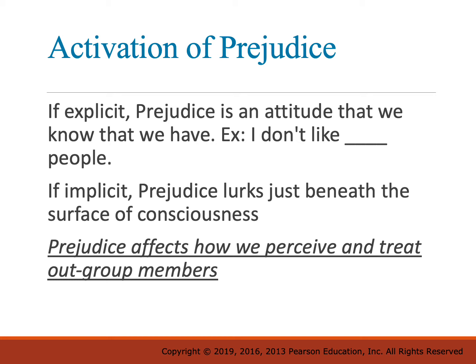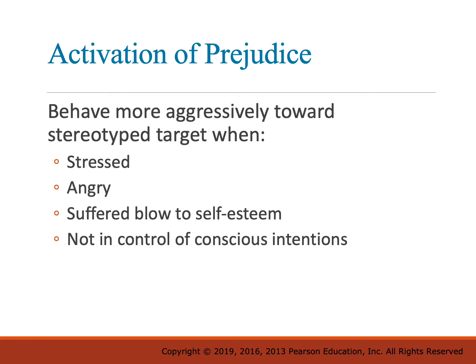So let's talk a little bit more about what happens when prejudice is activated. Once we learn it, and we have it, it's affectively based, it's emotionally present, and cognitively present.